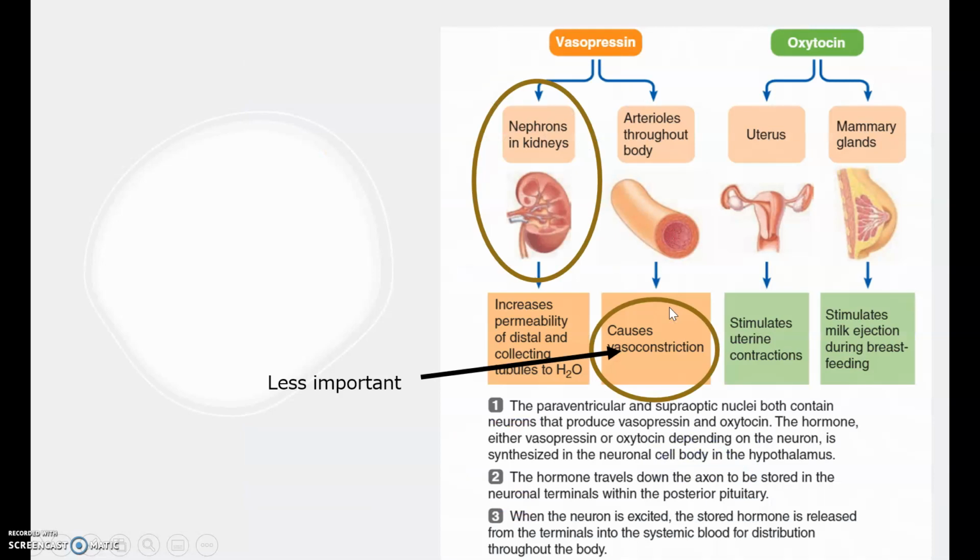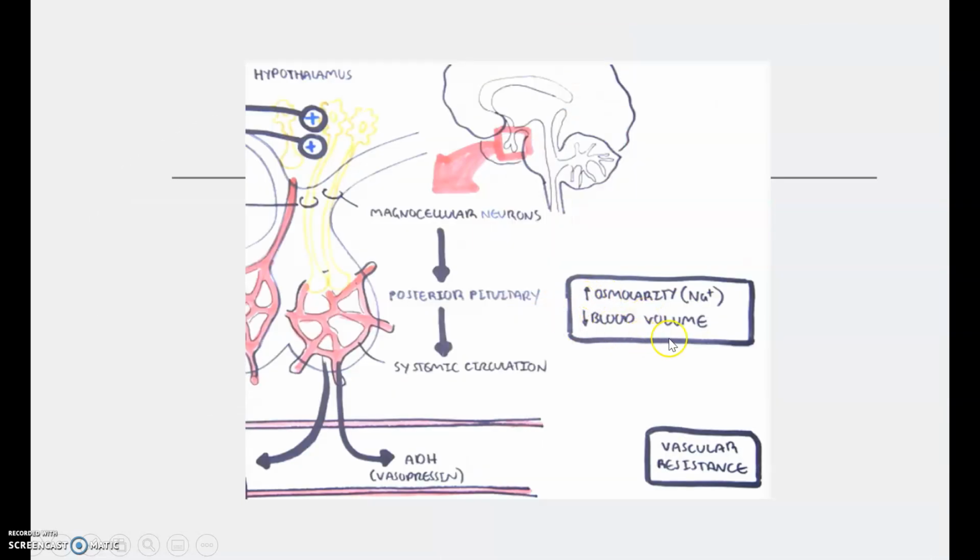Now, when I mentioned vasoconstriction not being a big deal, it is kind of a big deal when you lose blood, because if you contract those blood vessels, you will hopefully, with less blood volume, be able to continue pumping the blood throughout the body, keeping your blood pressure at a constant level, as opposed to when it gets too low, you might experience fainting. So that's why vasopressin is released during those conditions.